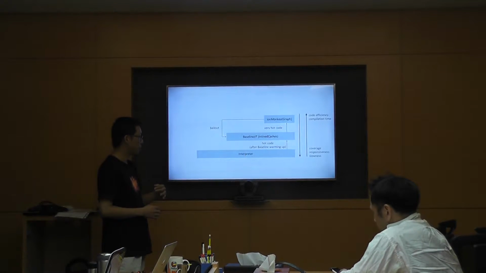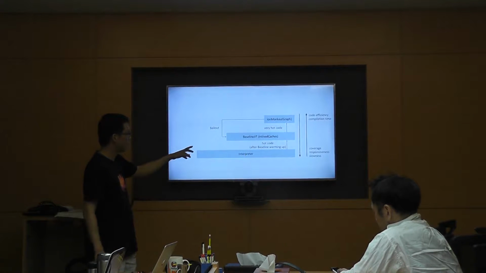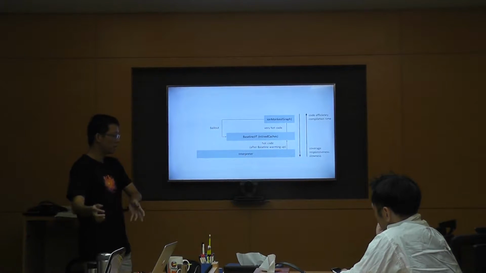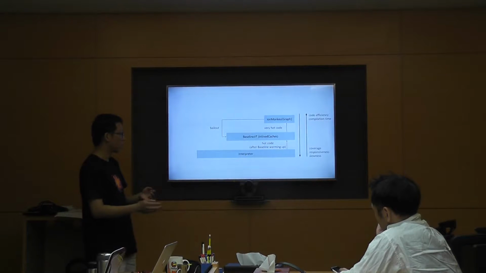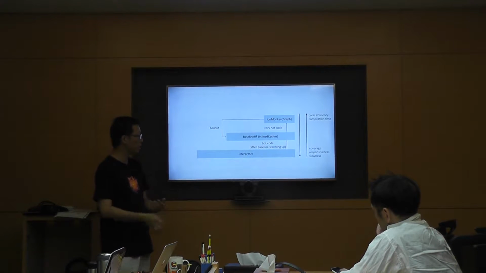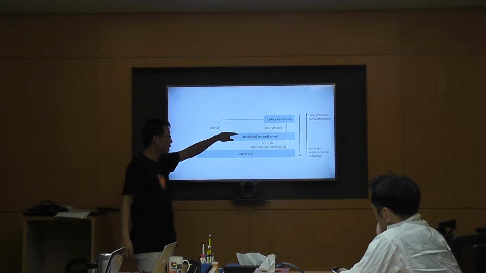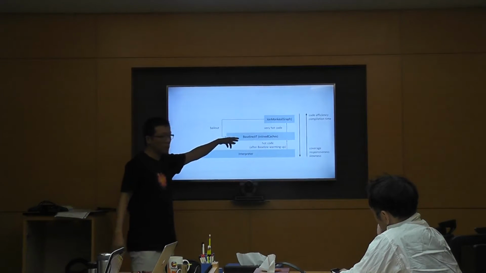So we can do some optimization here, and then IonMonkey will turn your program into a graph, namely the MIR, and try to do some optimization after the baseline. But sometimes its guesses fail, so it will bail out to baseline.